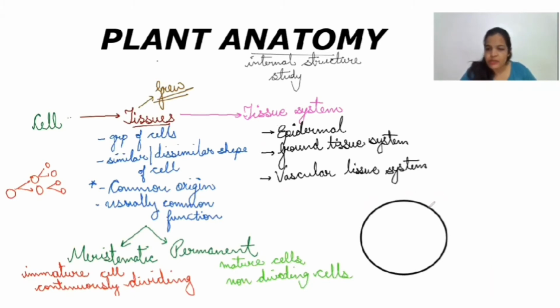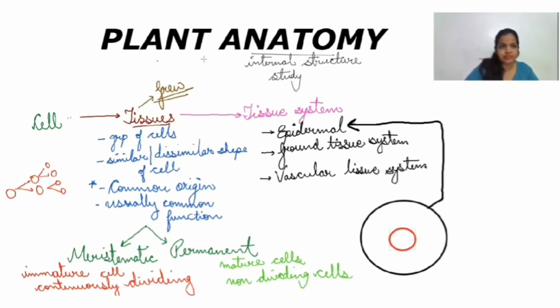Now, the outermost layer is the epidermal tissue system. Inner to that, I'll change the color to show you the difference, we have the next tissue system, the innermost one.